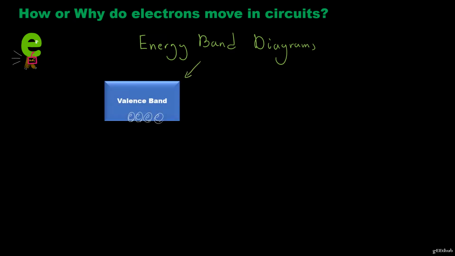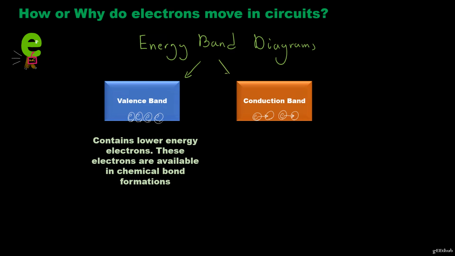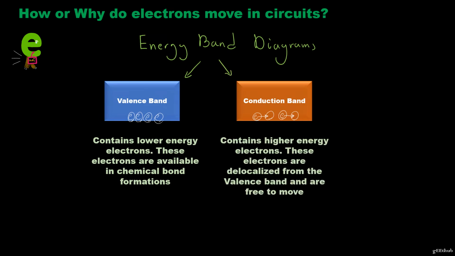First band is a valence band, which represents all electrons within a material that are there to connect the atoms together and form the structure of that material. And the second band, conduction band, represents all the localized electrons from valence band that are free to move. So we're going to provide some energy to the valence band electrons, move them here, and now they're delocalized and they can move and conduct electricity.